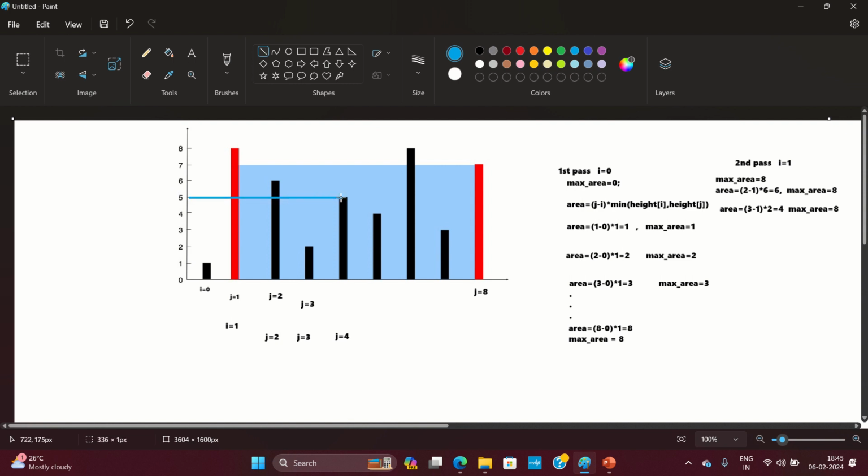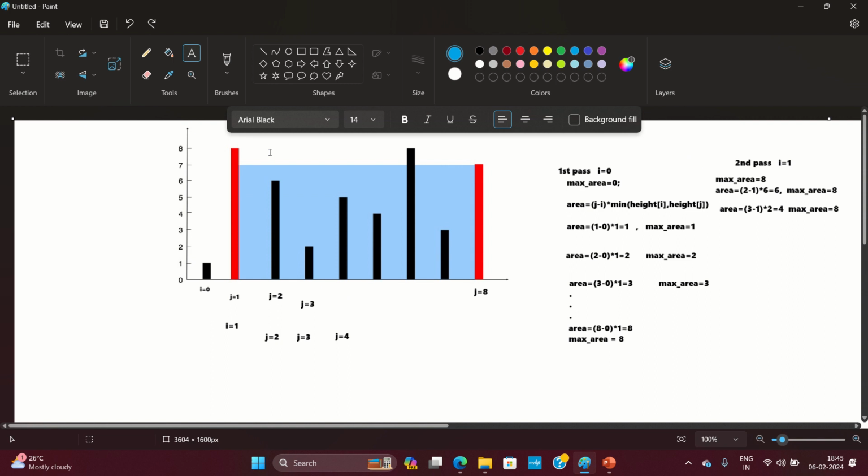If you consider this is the height, so yes, it is 5, and so 5 into 4 minus 1, that is 3, gives 15. Area is equal to 4 minus 1 into 5, that is equal to 15.